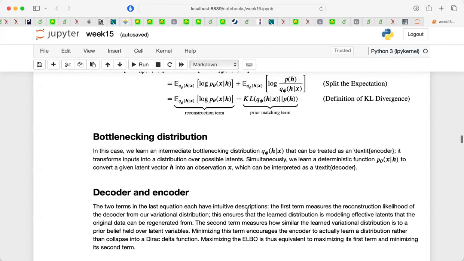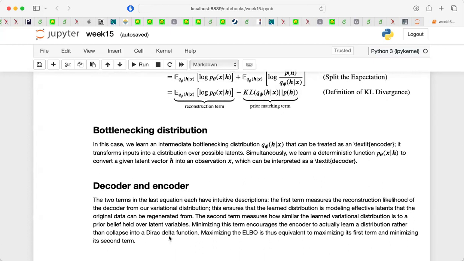The decoder and the encoder, so the last two terms in this equation here, have an intuitive description. The first term measures the reconstruction likelihood of the decoder from our variational distribution, and that ensures that the learned distribution is modeling effective latents that the original data can be regenerated from. The second term measures how similar the learned variational distribution is to a prior belief held over the latent variables.